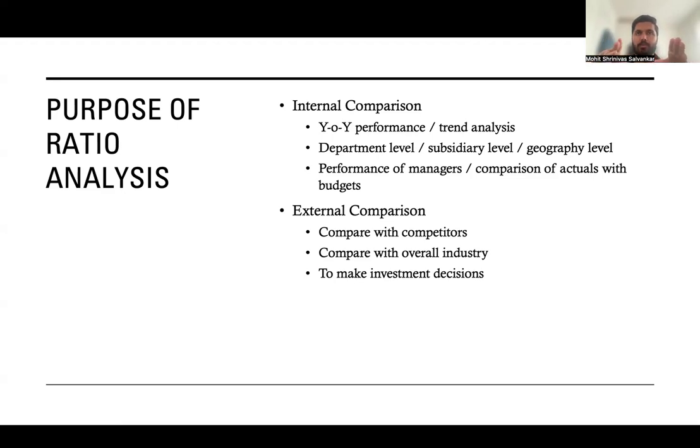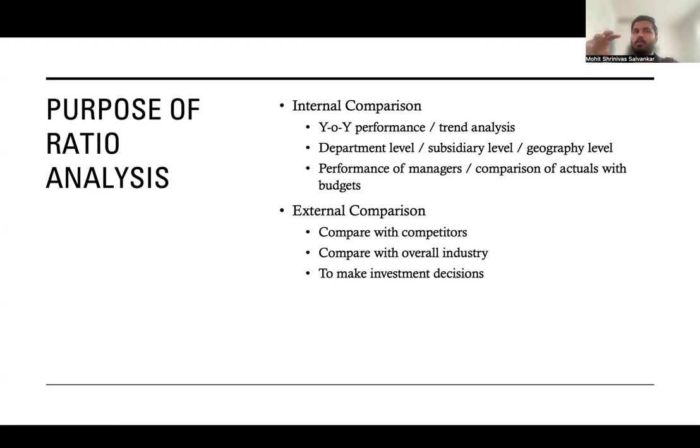So, say today you sit to make a budget for the next few years, or let's say the next 3 months, and then 3 months have passed. How will you know whether you have performed well or not? Ratio analysis comes into play at that time as well.